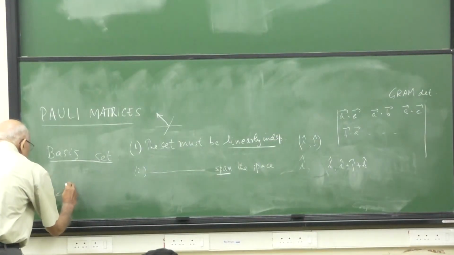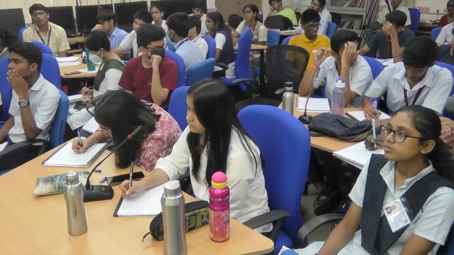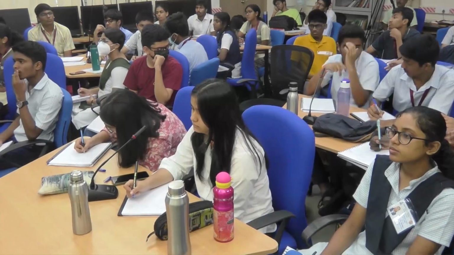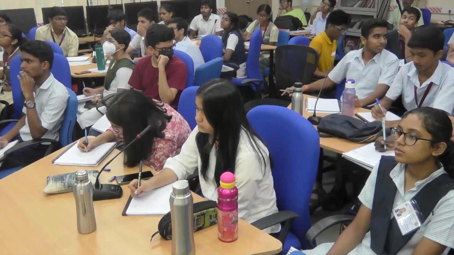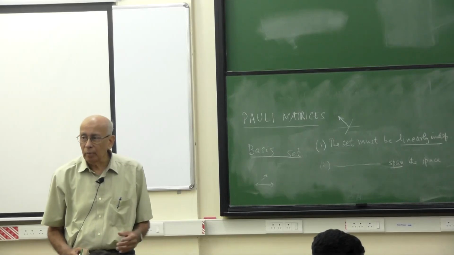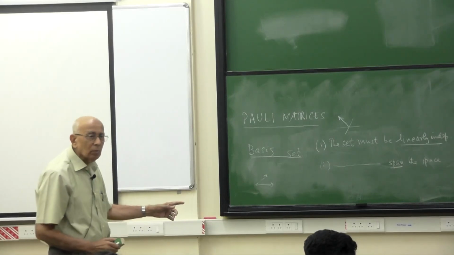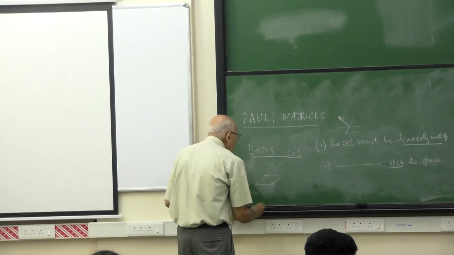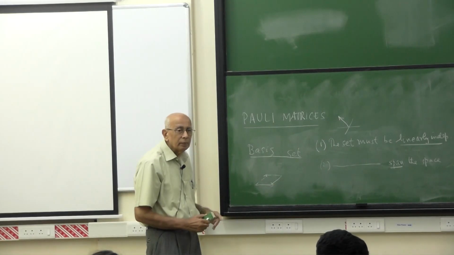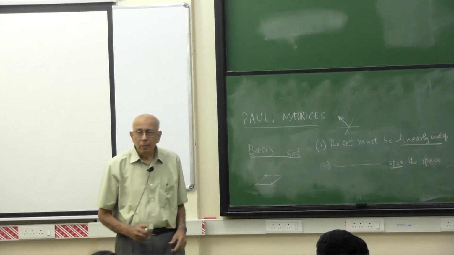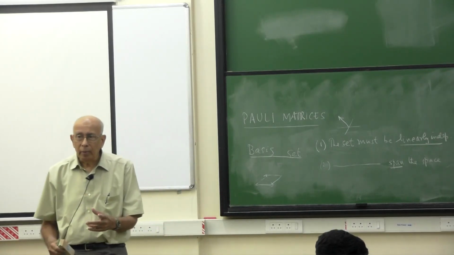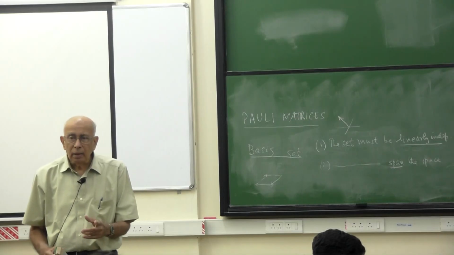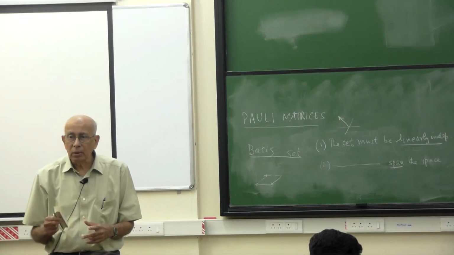Here's a vector, here's a vector, in 2 dimensions, in the plane of the blackboard. Do they form a basis set? Yes, in the 2-dimensional plane, they do form a basis set. So what is non-zero about this set? The parallelogram has non-zero area. 2 vectors are non-collinear if the parallelogram formed by them has non-zero area.